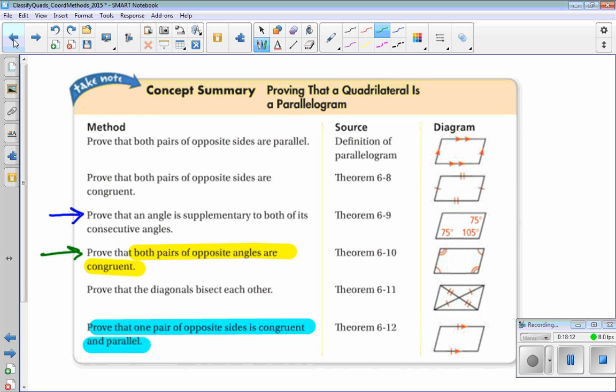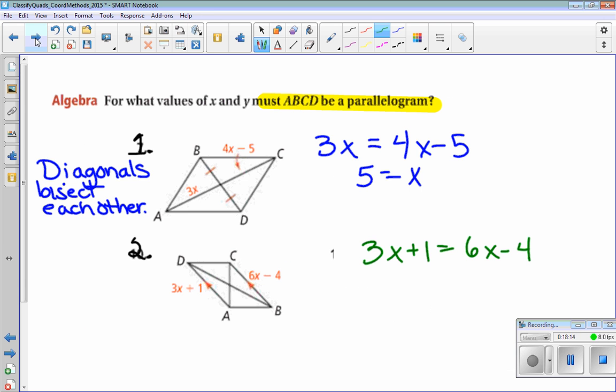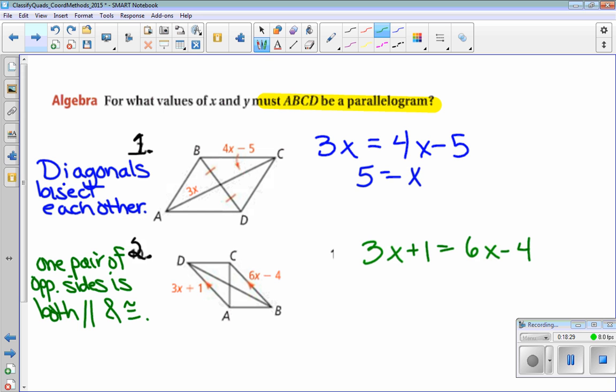That's why it's a parallelogram. So we're going to say one pair of opposite sides is both parallel and congruent.